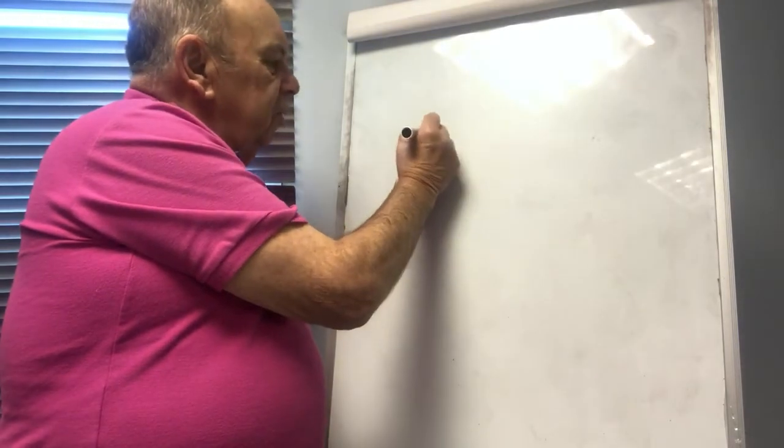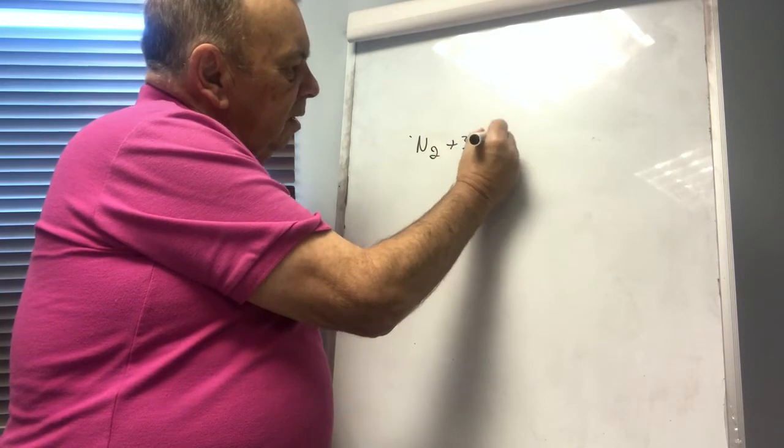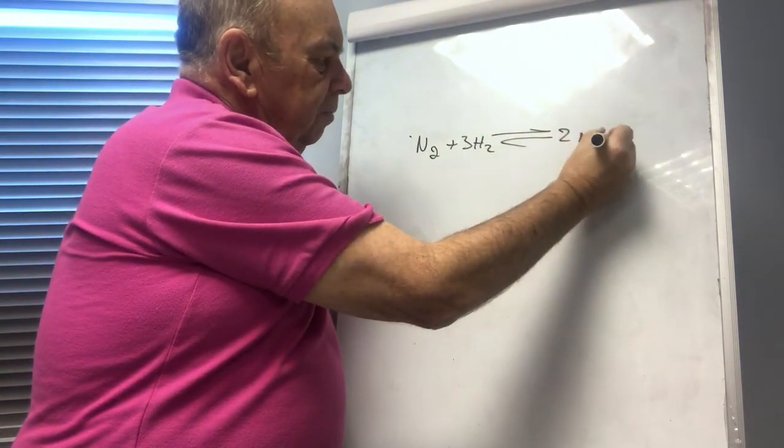There's the Haber process again, and it gives you the 2 NH3.